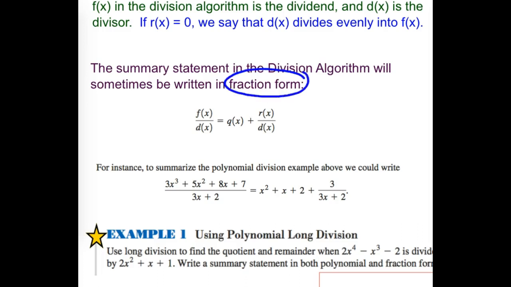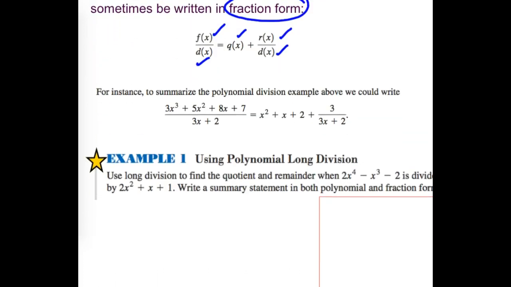Okay, so again, we take our original dividend, we're dividing by d of x, we get our quotient plus the remainder piece that's being divided by that divisor. It's just that it's too small to reduce that any further. Okay? So once again, this is how we had written that first example. This is our quotient, what you saw on the top of the whole question as we worked through, and this was our remainder.